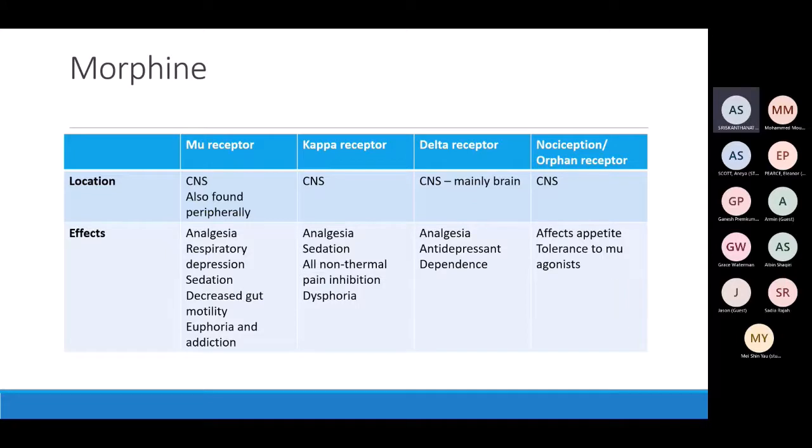Most of these are in the CNS, and this also adds to the analgesic effect that you get. The orphan receptors are more related to your tolerance to the mu agonist. As you build up tolerance to morphine, it also affects the appetite, which is regulated by the orphan receptors here.